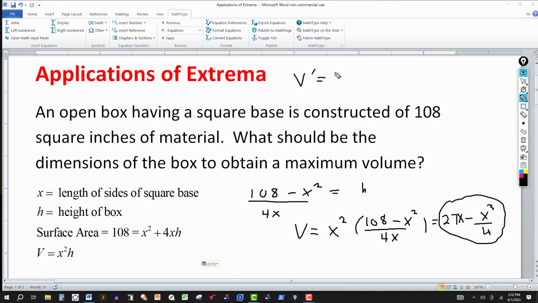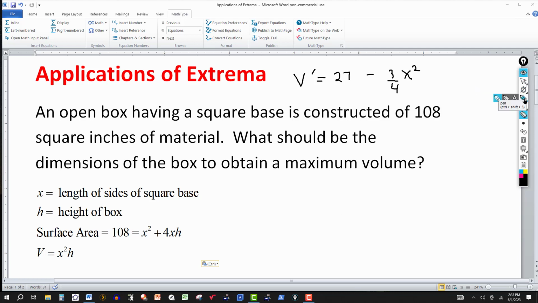So the derivative of that is 27. The derivative of 27x is 27 minus, and then x cubed over 4, bring the 3 over here, this will be 3 over 4 times x squared. So the critical numbers come from numbers that make the derivative 0 or undefined. Well, here we have a polynomial expression, so it's going to be defined everywhere.